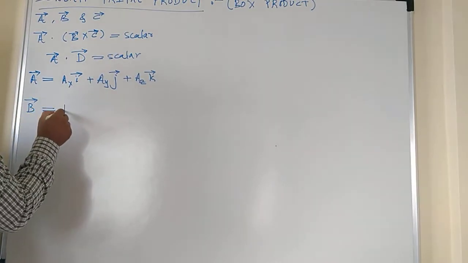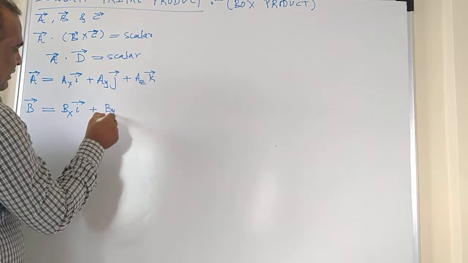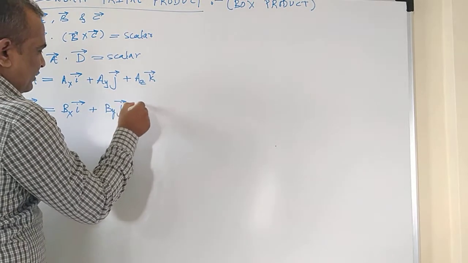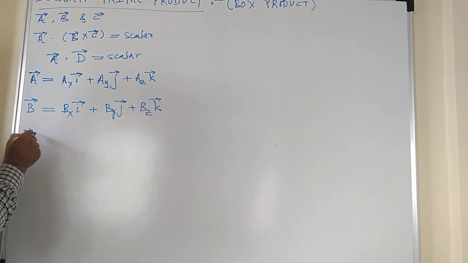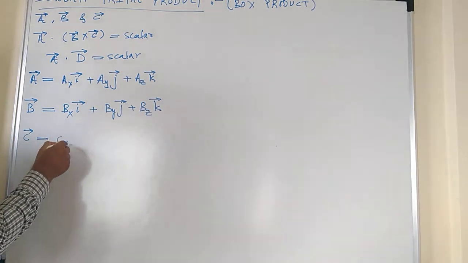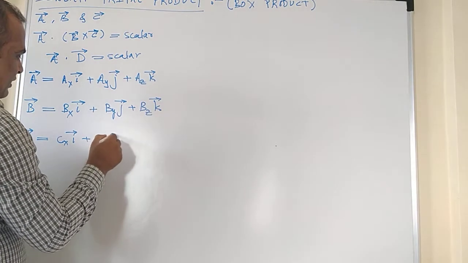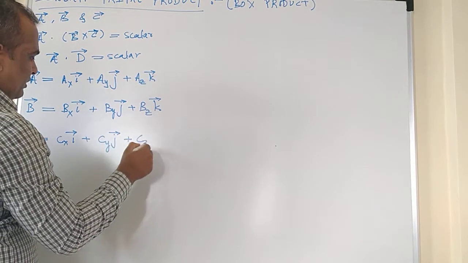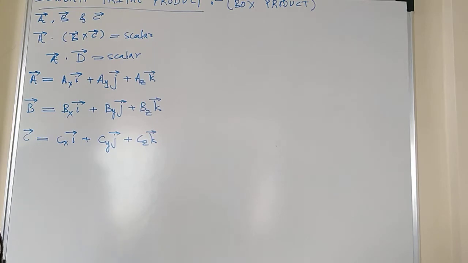The second vector is b bar, equal to bx into i bar plus by into j bar plus bz into k bar. Similarly, the third vector c bar equals cx into i bar plus cy into j bar plus cz into k bar. So these are the components of these three different vectors a bar, b bar, and c bar.